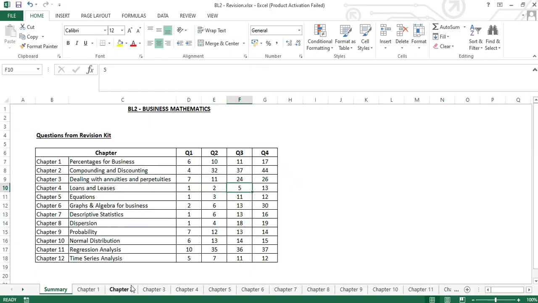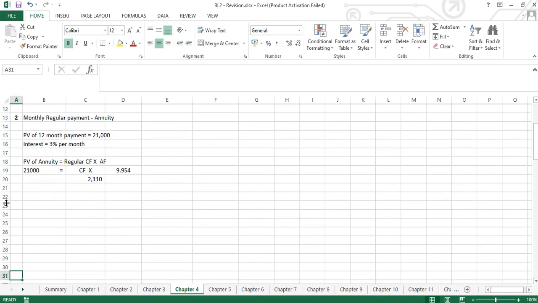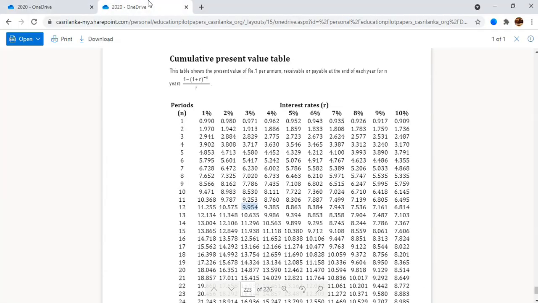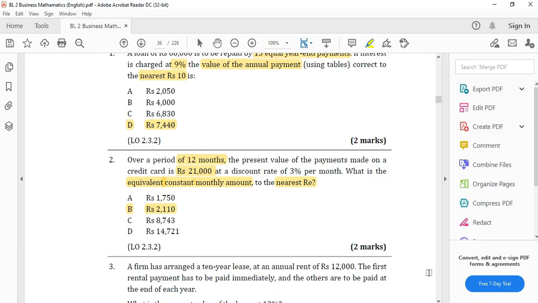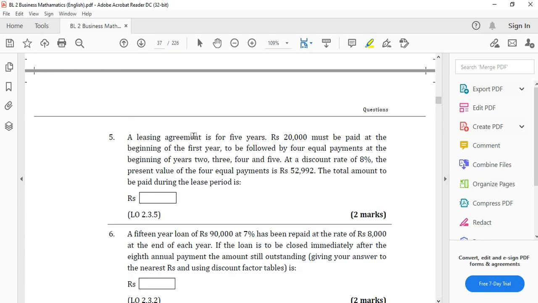Next, let's go to question 5. A leasing agreement is for 5 years. 20,000 must be paid at the beginning of the first year.